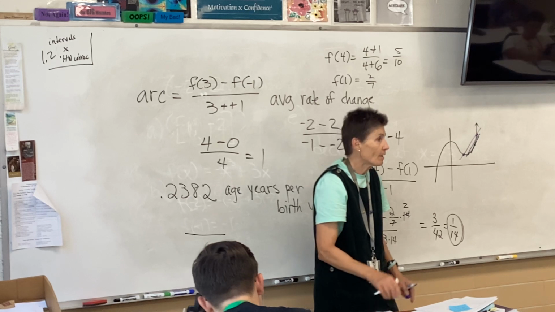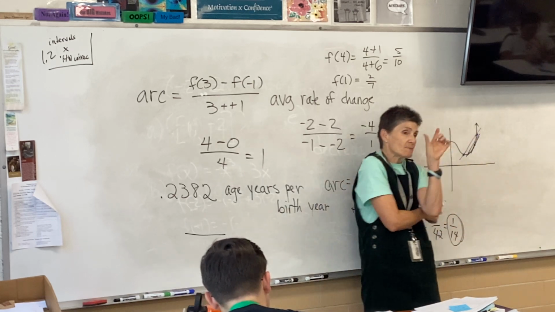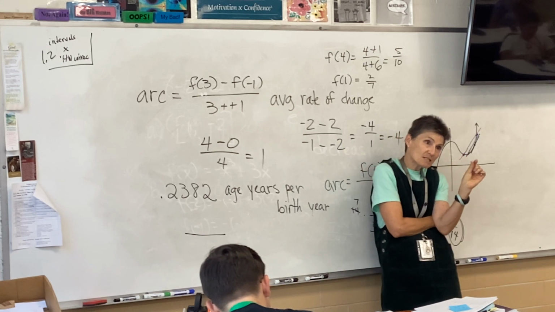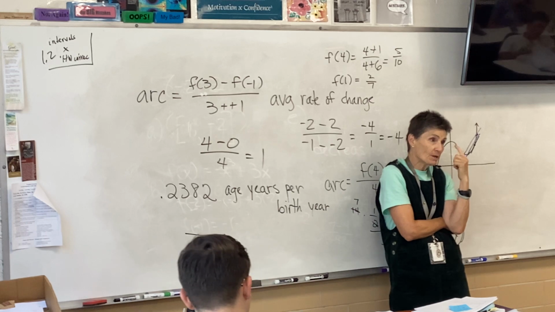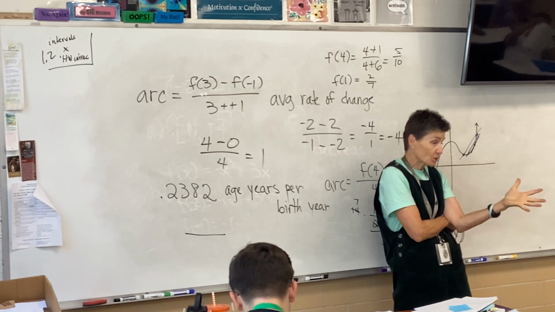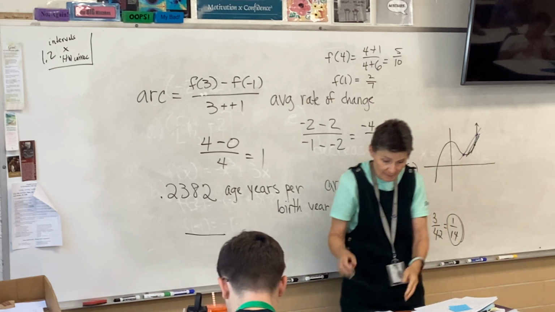The smaller, the better. So you keep squeezing in on that, getting smaller and smaller. You watch what your slopes are, and then hopefully you can make a conclusion about what your slope at a given point is. All right, so let's see what's going on.